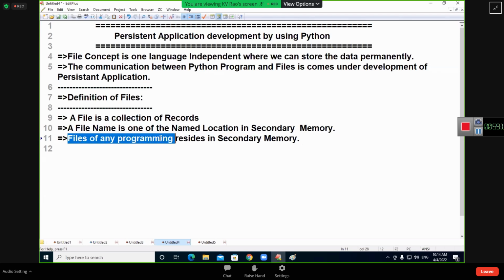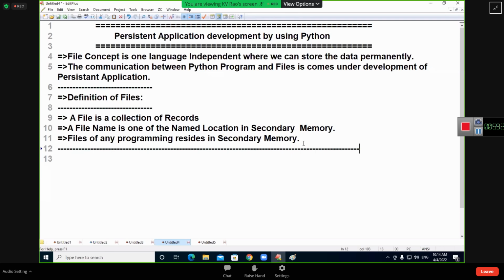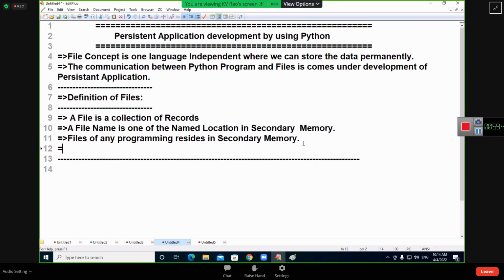When a file is coming, what do you understand? It is residing in secondary memory. It contains a collection of records. It has one name, and it contains our data to persist for a long time until we delete that file. Am I correct?